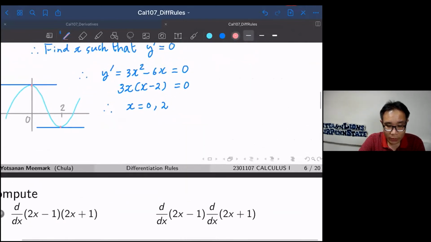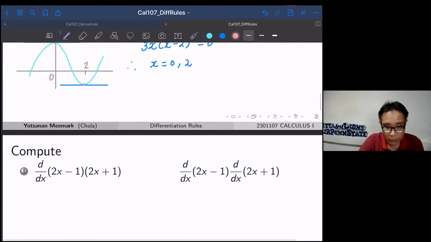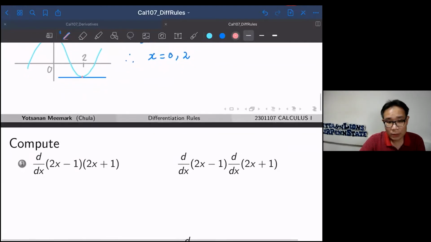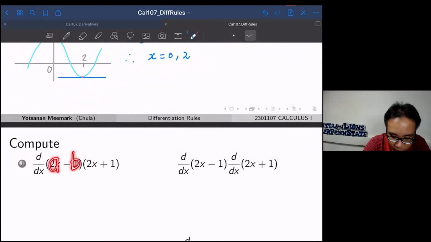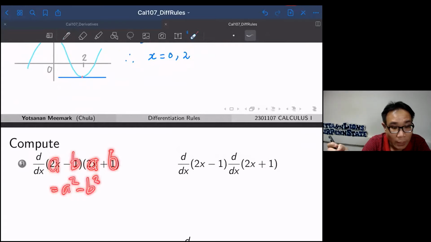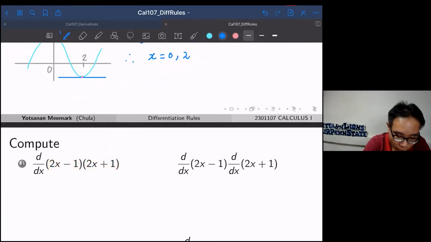The next one, I'm going to introduce you to the product and the quotient rule. For this one, first we're going to take the derivative of this product. You may be able to just see that this turns out to be (a minus b) times (a plus b), so it's going to be a squared minus b squared. So you just multiply this out.